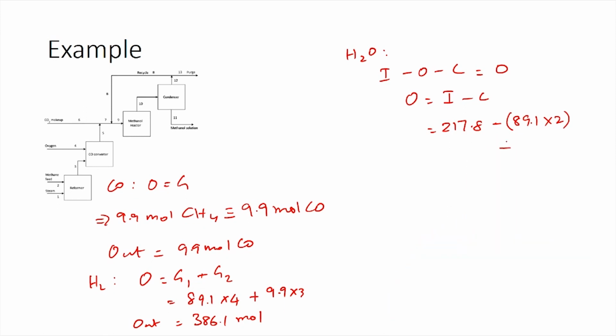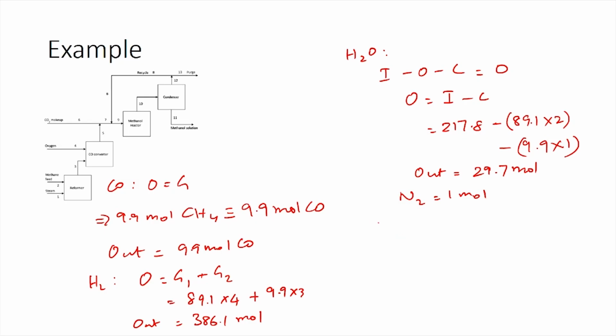Similarly, for the side reaction, for every mole of carbon monoxide produced, 1 mole of water was consumed. So, 9.9 times 1 mole of water was consumed. So, output for water was 29.7 moles. As nitrogen does not take part in the reaction, output for nitrogen would be 1 mole.